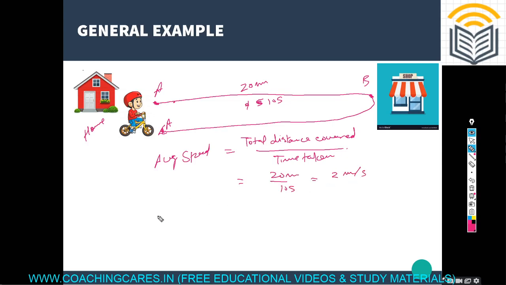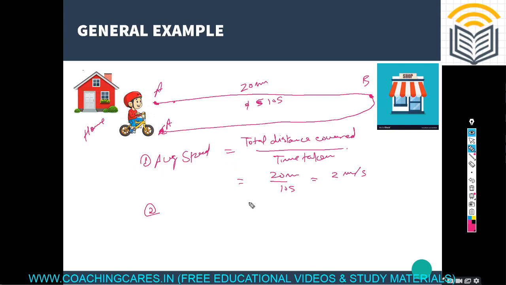But if I consider the second case, the journey from A and returning back again to A, what will be the average speed?